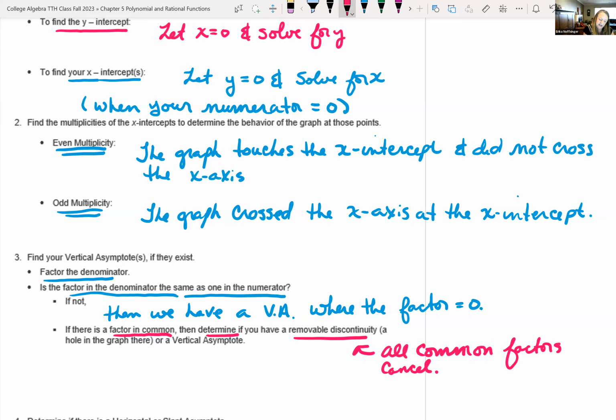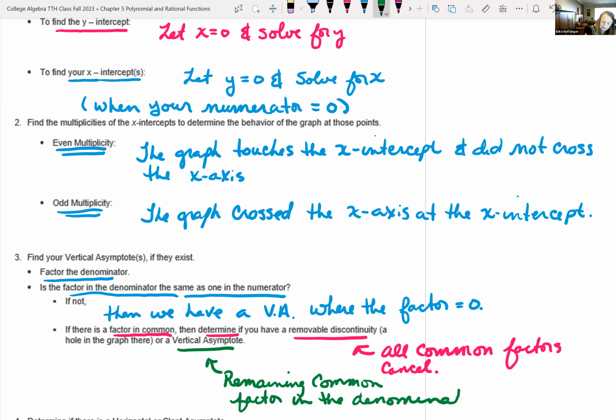If it did not, so if we factored and there was a remaining factor in the denominator after we simplified, then it's a vertical asymptote.